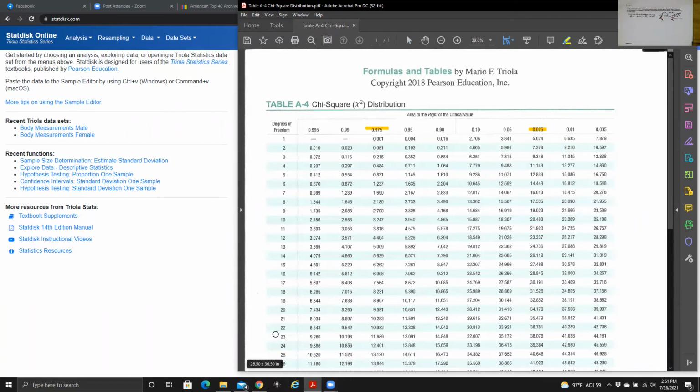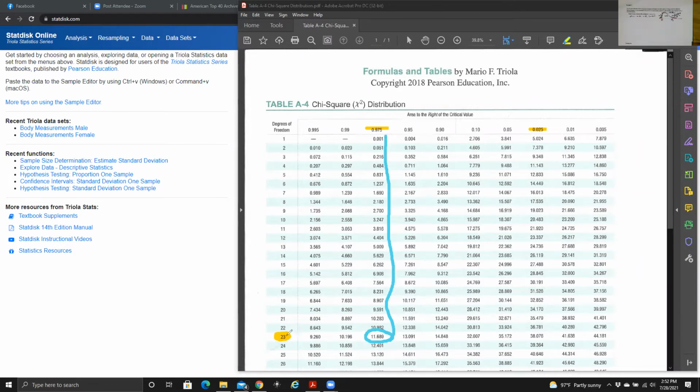So here's 23 degrees of freedom right here. And now 0.975. If we go down and across from 23, this will be the chi-square value on the left, which is 11.689. That's the chi-square value on the left, 11.689.